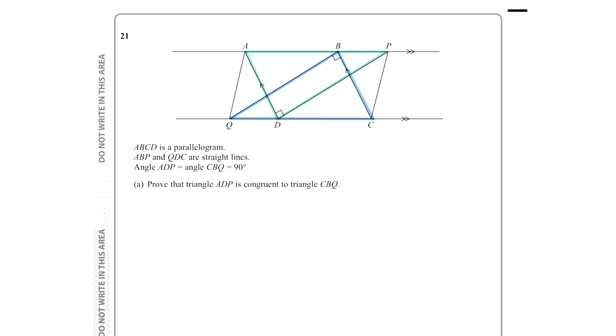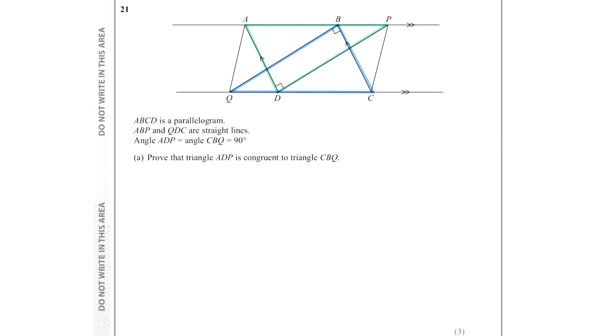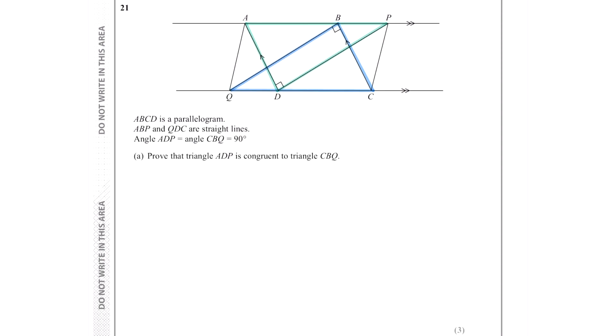Right, so prove. Okay, so I need to prove that. So I can see straight away that AD is equal to BC. So these 2 sides are the same because they're parallel lines. Parallel sides, same length.